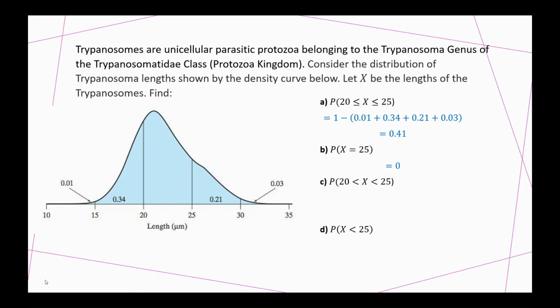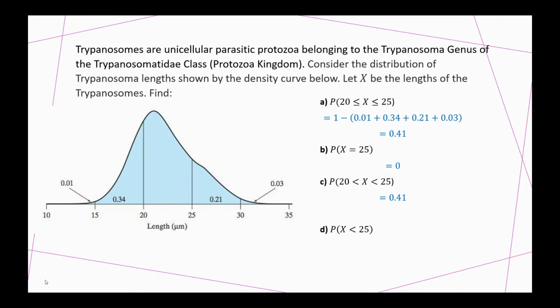The whole point is that including 20 and 25 in the continuous case or excluding them makes no difference because those are just single points, and single points have an area of 0. Whether we include or exclude them, we're either adding in an area of 0 or subtracting an area of 0, which makes no difference. So the answer to C should be exactly the same as part A.